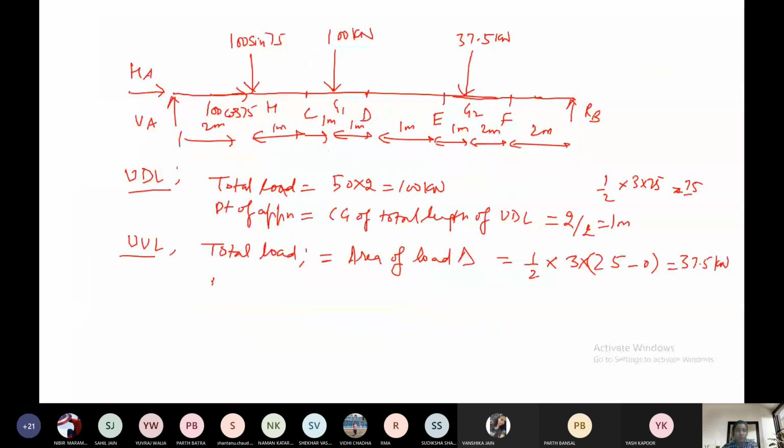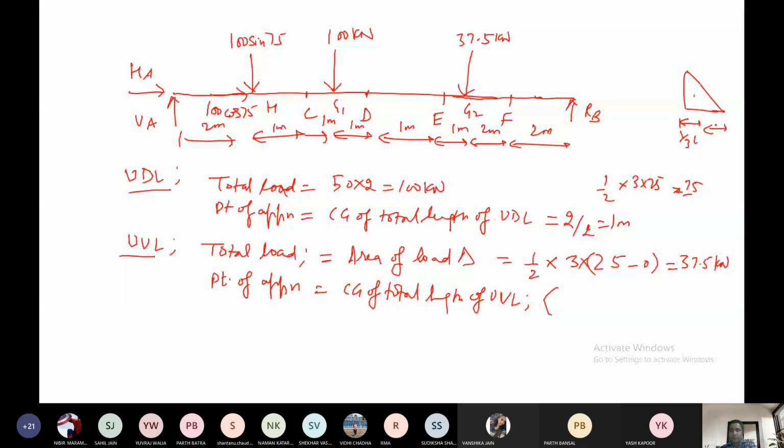Its point of application will be the CG of the total length of UVL. What is the CG? I have already told you, from the vertical end, this distance will always be 1 by 3 of L, and this distance will always be 2 by 3 of L. This will be 1 meter, and this will be 2 meter. I have written it there. You can see on the top.